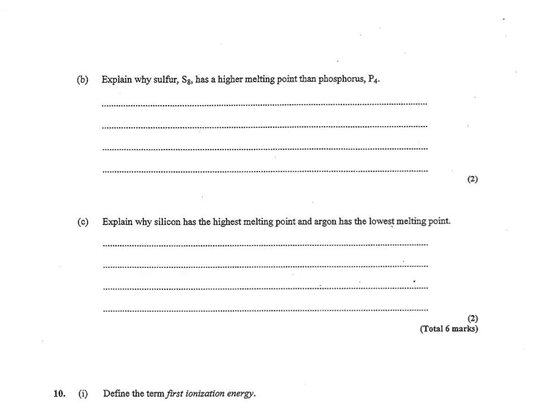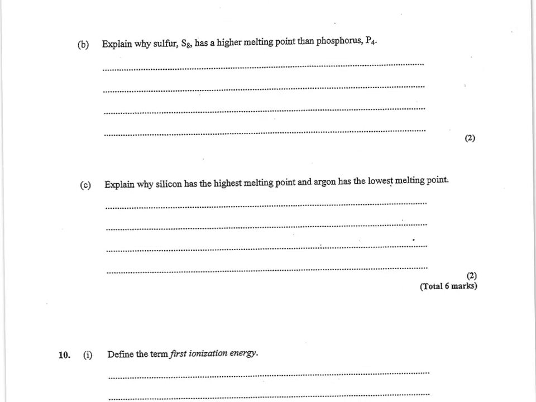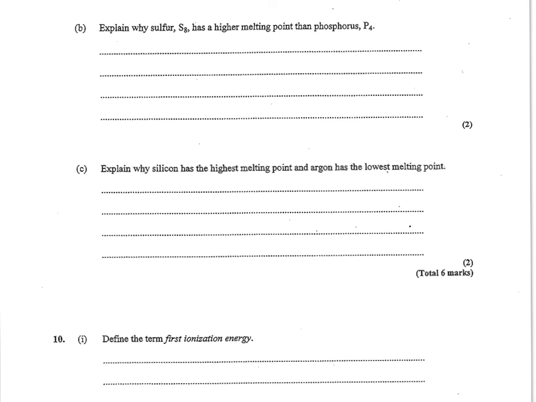Part B asks, why sulfur 8 has a higher melting point than phosphorus 4? Well, sulfur is actually the smaller atom. P4 is a slightly larger atom. So the smaller atom is going to allow S8 to pull things in a little tighter.